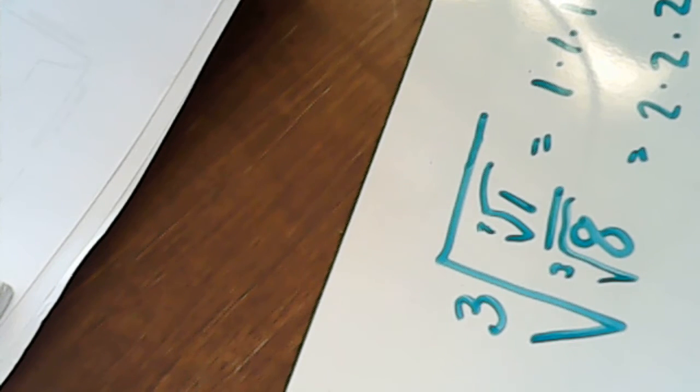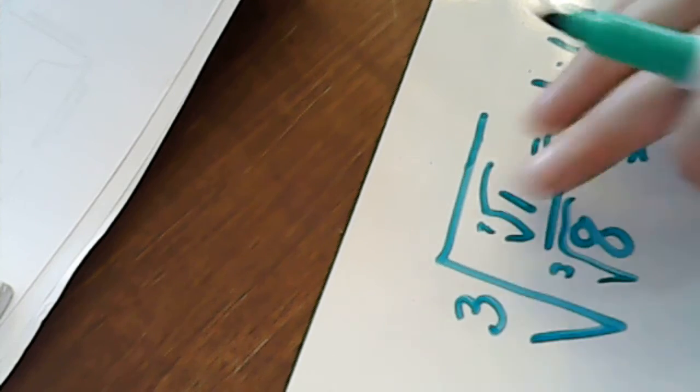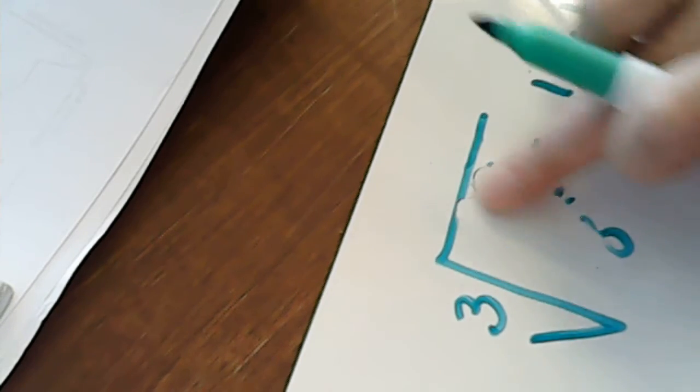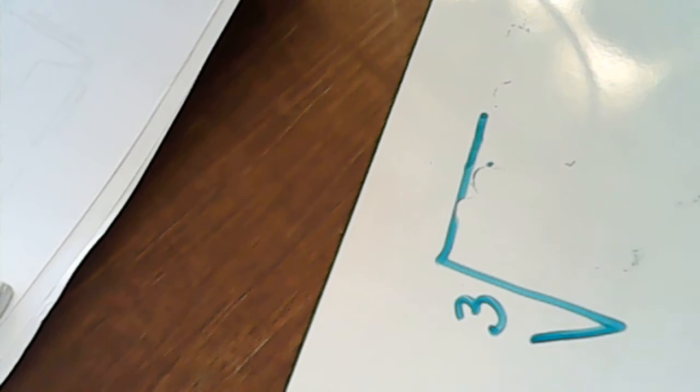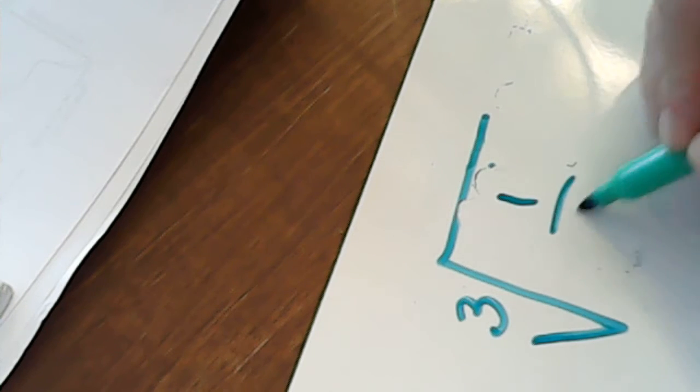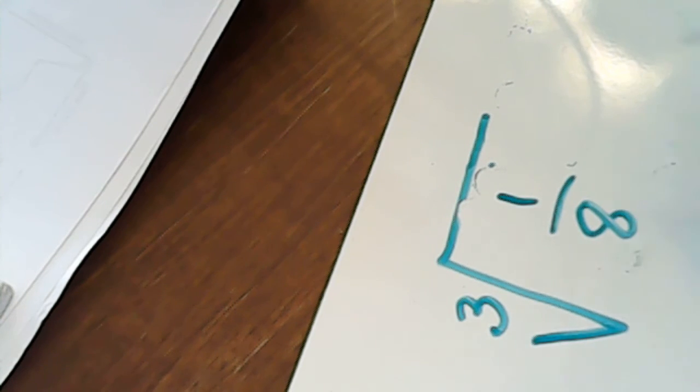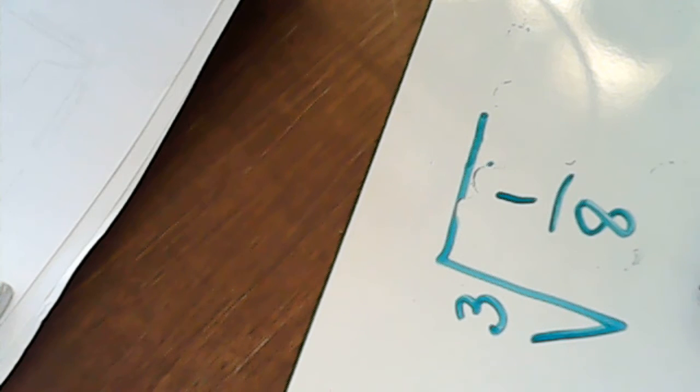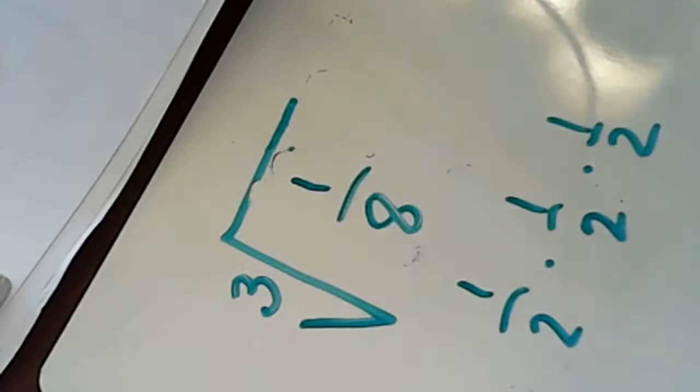So in the end, if you go back to my original problem, what is the cube root of 1/8? Well, the cube root of 1/8 is 1/2 times 1/2 times 1/2, right? See that?